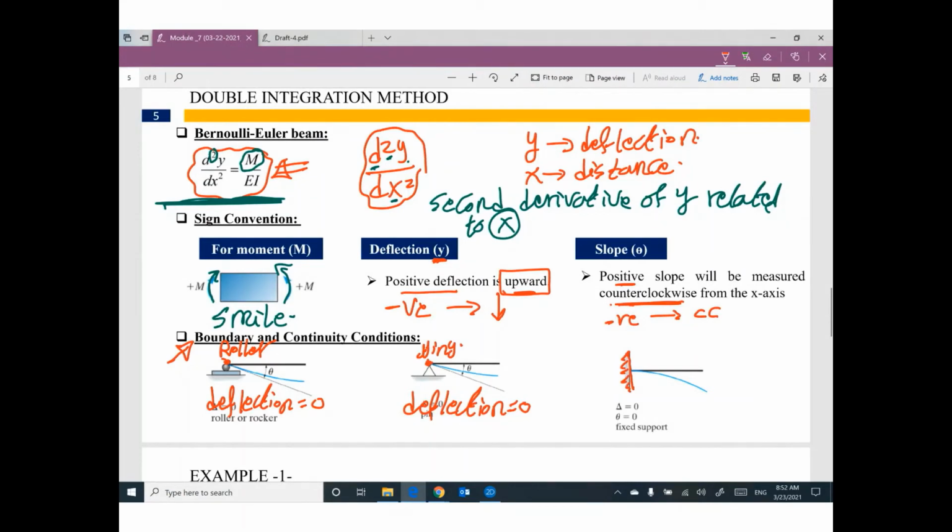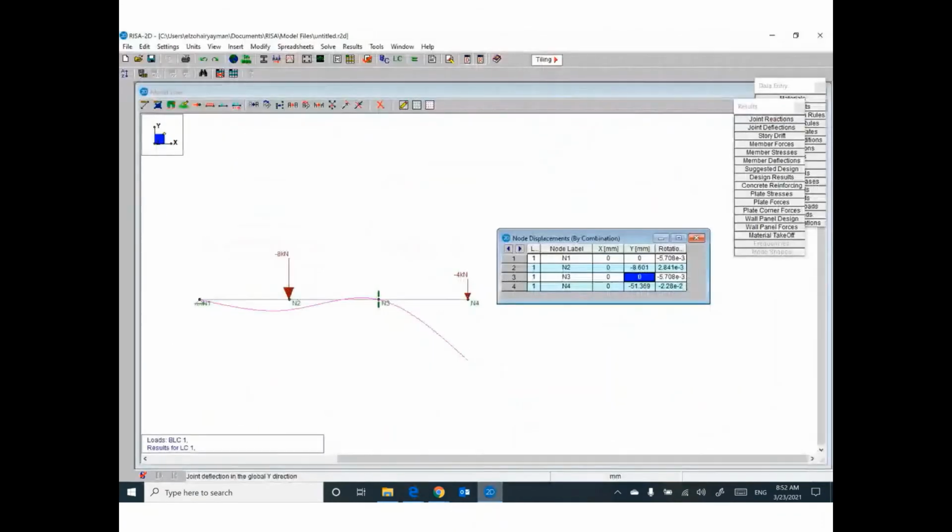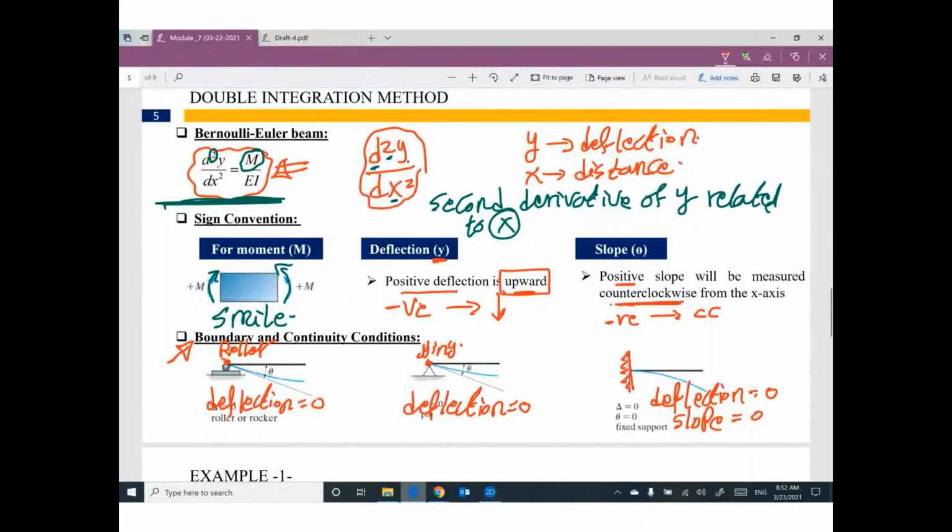We don't have deflection or slope, so deflection will be 0 and the slope, theta, will also be 0. Because we don't have a fixed support here, I cannot explain it, but keep in mind: at a fixed support, deflection equals 0 and slope equals 0. If you have a roller or hinge, only deflection equals 0. I don't know the value of slope for a roller or hinge. But if you have a fixed support, both of them equal 0.